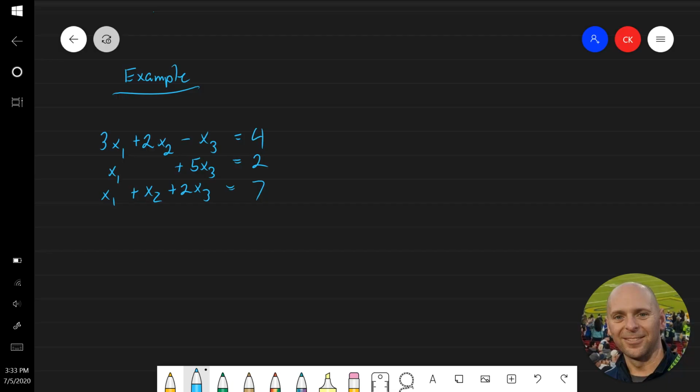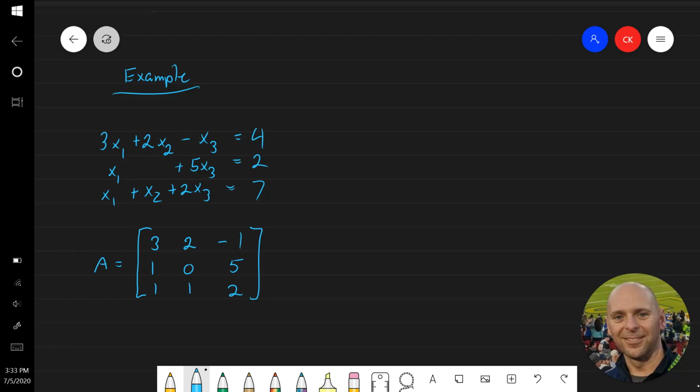So we start out first by taking A to be equal to the 3 by 3 matrix that represents the coefficients on the system. So 3, 2, minus 1, 1, 0, 5, and 1, 1, 2. So that's our matrix A. So just taking the coefficients off the variables.